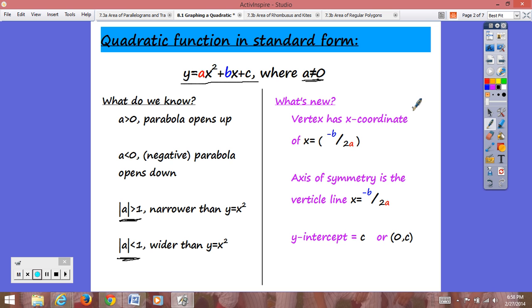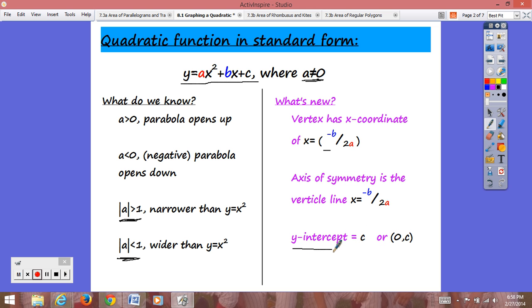Now what's new is our vertex has an x-coordinate of x equals negative b over 2a, and to find the other point for our vertex we need to plug our x value into our equation, solve for y, just like we've been doing, and our axis of symmetry is also found at the vertical line x equals negative b over 2a.